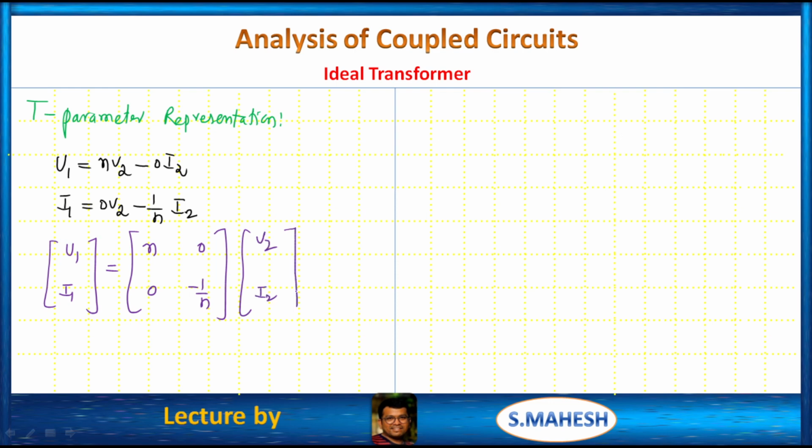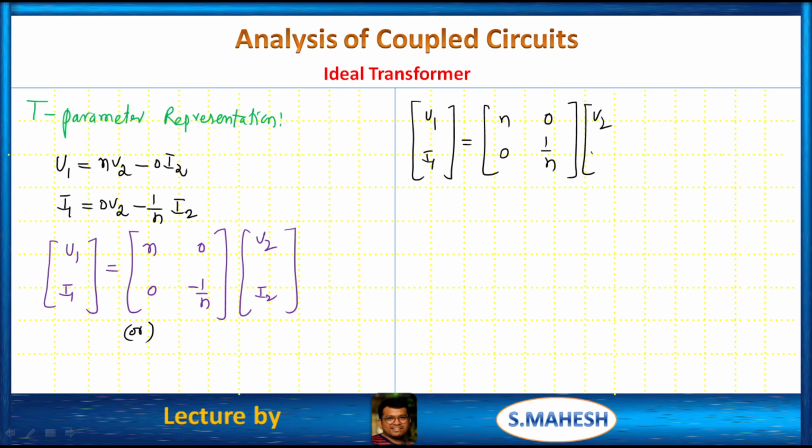Or you can write V1 I1 equals N 0, 0 1 by N, times V2 and minus I2, no problem at all.